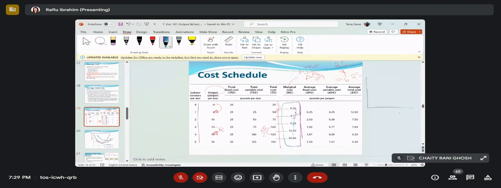We put output here and cost here on the y-axis, and we plug in the values. Then we shall see that the marginal cost starts declining, and after a while it starts increasing again, like this. So the marginal cost curve will be a U-shaped marginal cost curve.